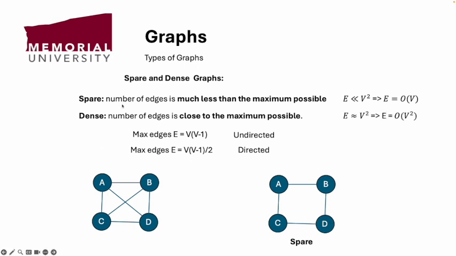For a dense graph, it's close to V squared, so the number of edges is close to big O of V squared. For example, in this graph we call it a dense graph, where all the vertices are linked together. A dense graph is also called a complete graph, by definition.